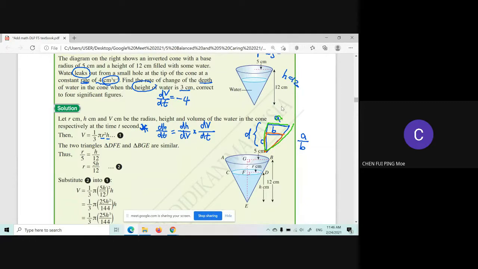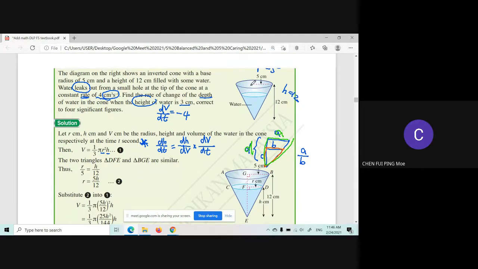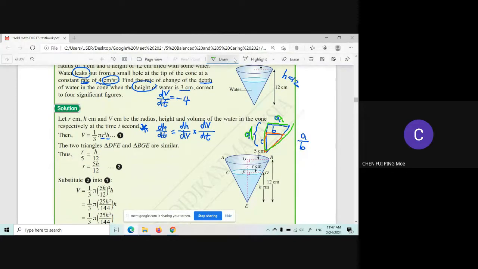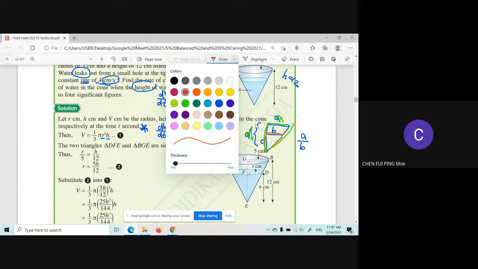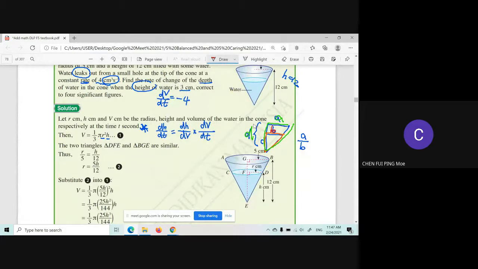A is the length for the green triangle, D is the height for the green triangle, and for the small red triangle, B is the length from here to here, C is the length from here to here.